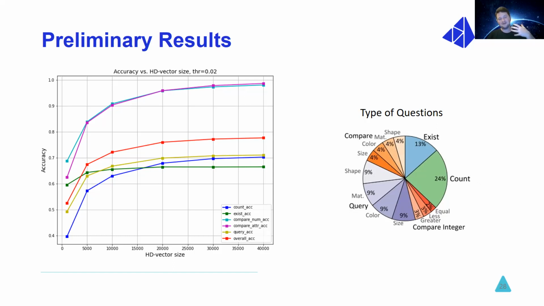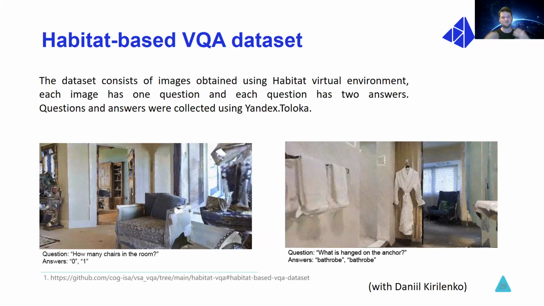But we also have in mind work that extends this approach further, and this is what I talked about at the beginning. If you consider the cognitive robot, we collected a dataset. It consists of images from the Habitat dataset, but we asked people to ask questions about these pictures, and we collected them. Now it's available through this link, so you can download the whole data and the questions.